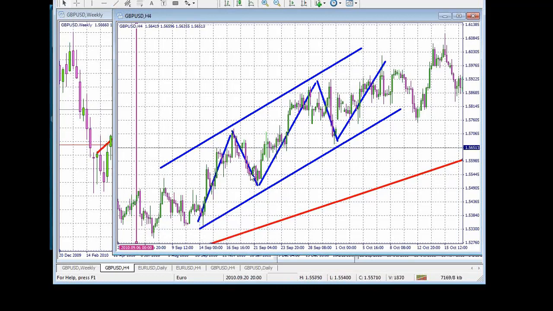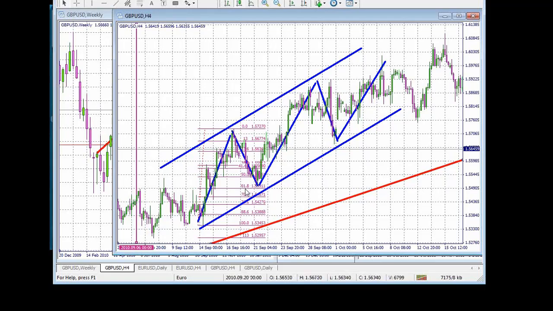And if we put Fibonacci, we can see that for the first wave, the retrace of the corrective wave was about 61.8 at this level. And actually this is normal.